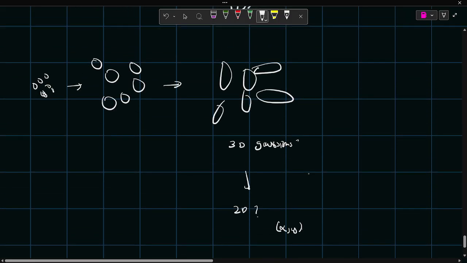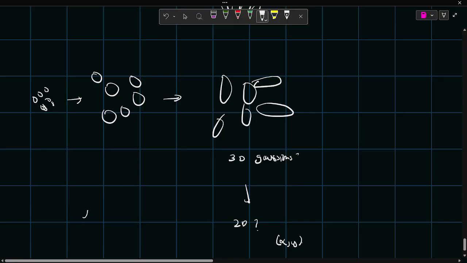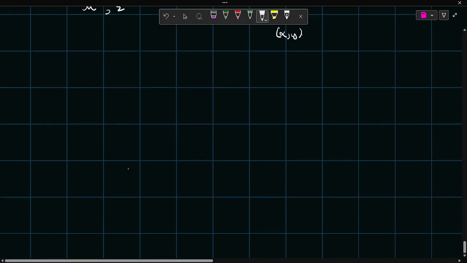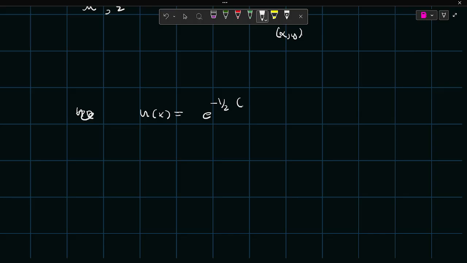A point can be represented easily because the point is mu, the mean, and the shape and size is determined by the covariance, which is sigma. So essentially, we have a Gaussian function, let's say g of x, determined by e to the power minus 1 by 2 (x minus mu) transpose sigma inverse (x minus mu).